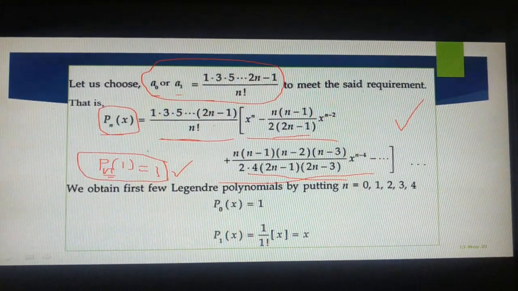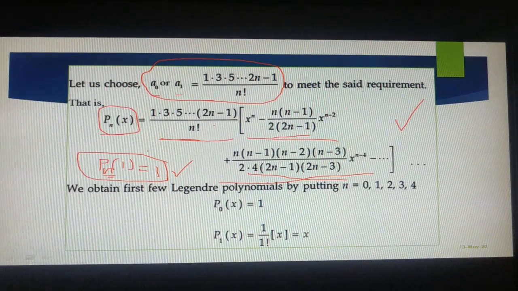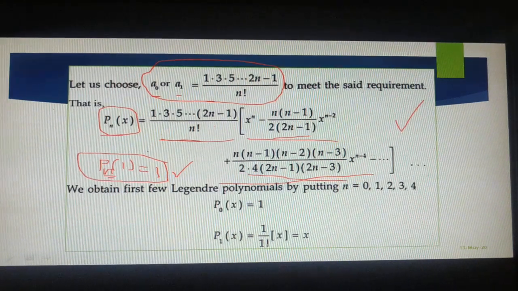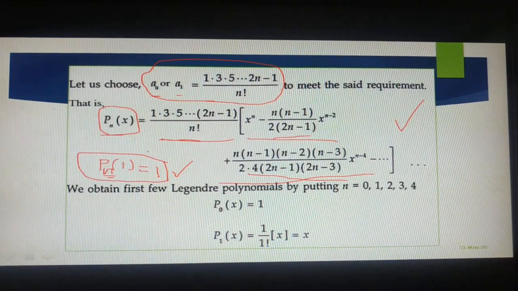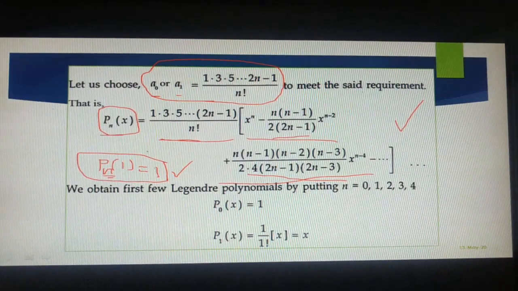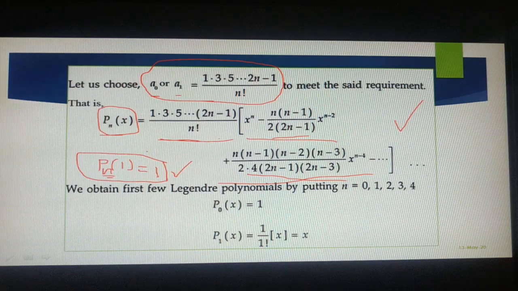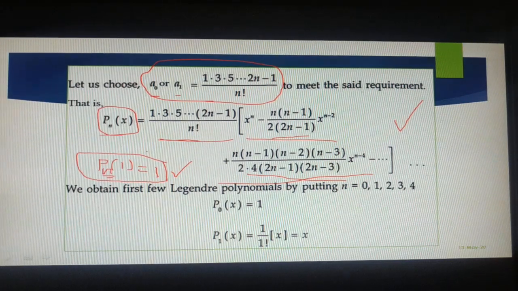What is the value of n here? We are taking that value as 0, that is 2 into 0, that is 0 by. If we substitute 0 in place of n, p0 of x, you will get 1. Please verify. And p1 of x, you will get x.